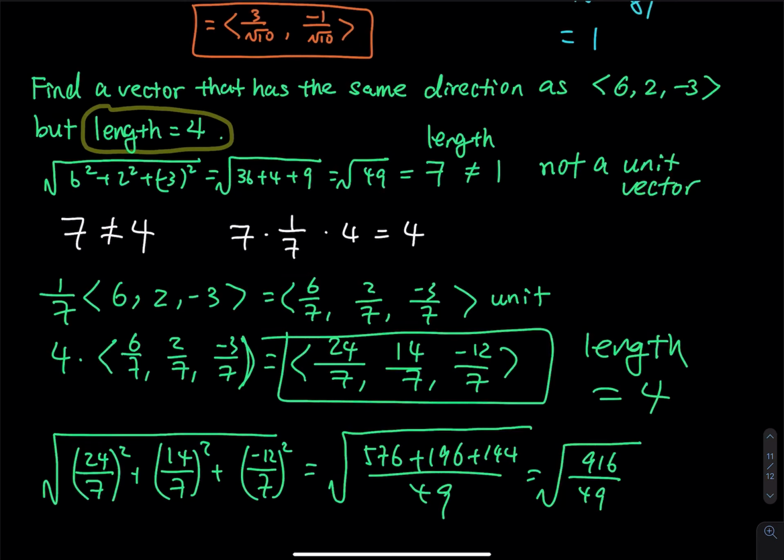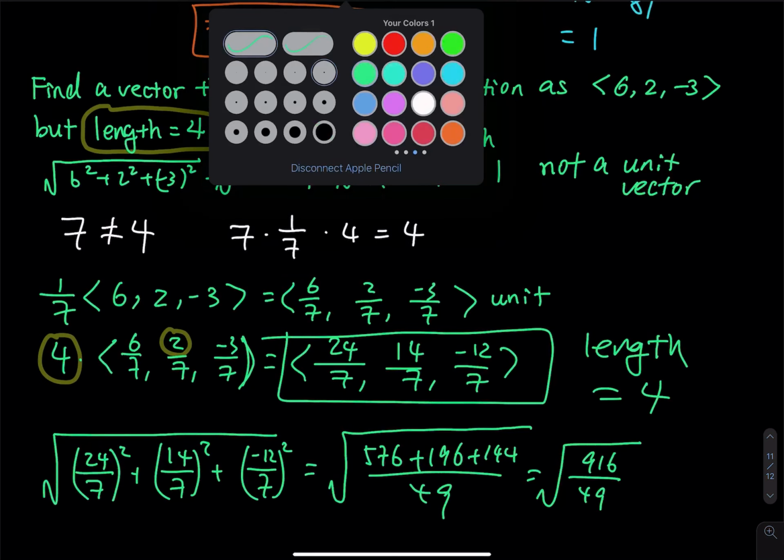And then you add all of them. 576 plus 196 plus 144. And then you have 916. What is the square root of 916? I must have made a mistake right here because this one is the right answer. Oh, you know what? Here. Gotcha.